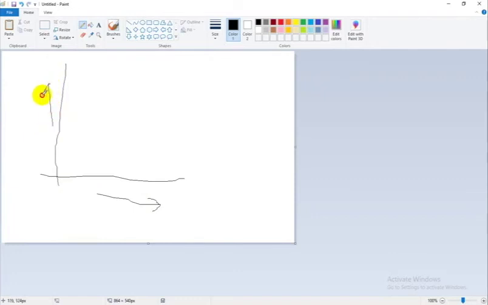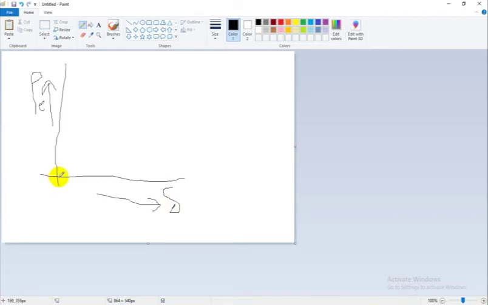I will show in Paint how it can be drawn. On the y-axis, I am writing the electrical power, and on the x-axis, delta. Delta is the torque angle, that is, the angular position of the rotor.